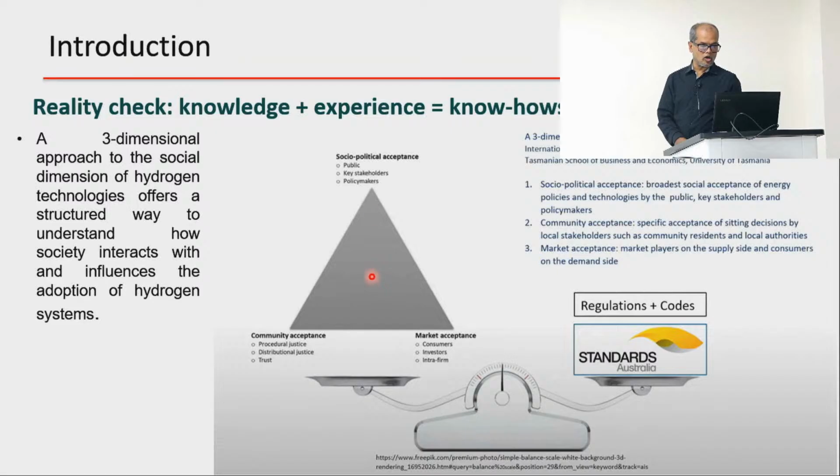Depending on the point you are at, it will tell you the acceptance level across these three parties. This sort of approach is used to gather information regarding safety, acceptance and so on.